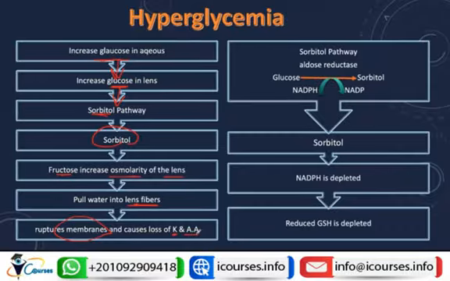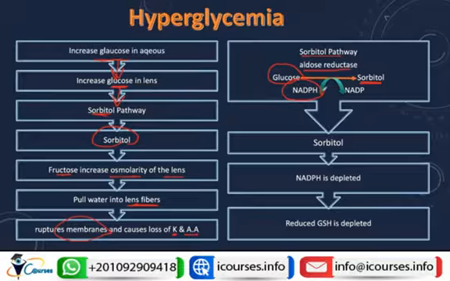The second mechanism: the increasing glucose in the lens will again lead to formation of sorbitol, and this sorbitol pathway through the aldose reductase enzyme will consume the NADPH. We said that NADPH is an important structure here.